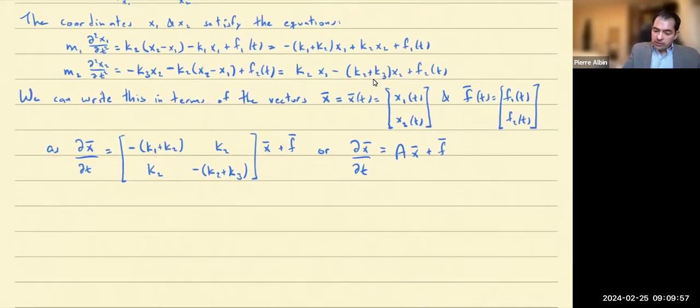Okay, so notice that this system of two ordinary differential equations can be written as a single equation for the vector valued function x of t with forcing term f of t, also vector valued. So let me write that down.